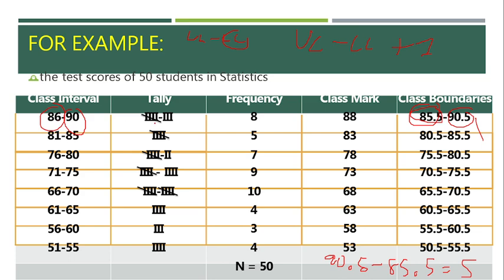Or either you try it already in this part, using this formula, upper limit 90 minus lower limit 86. That is 4 plus 1, 5. Correct? So, are they the same? Yes po. Okay. So, I hope it is clear already.